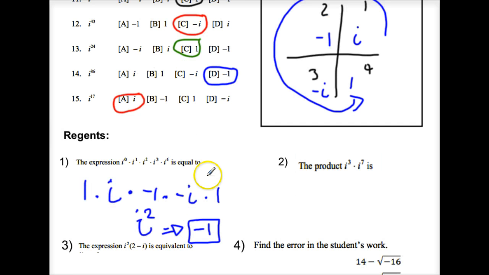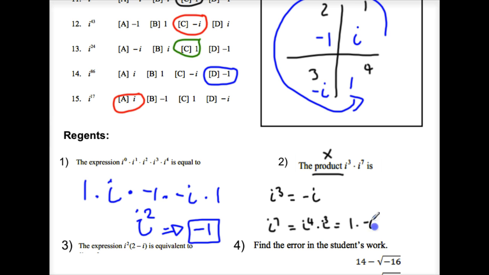Take it one step at a time. What is the product of i to the third times i to the seventh? The product means multiplication. i to the third is negative i. Now I need to find i to the seventh. i to the seventh is i to the fourth times i to the third. i to the fourth is 1, times what's i to the third?